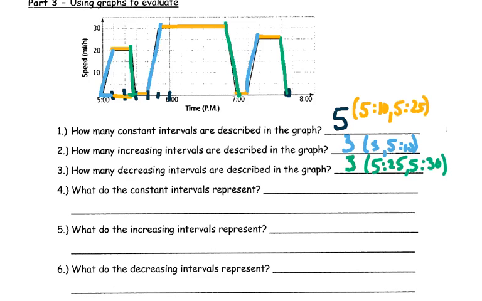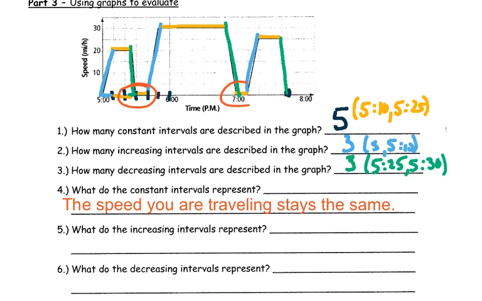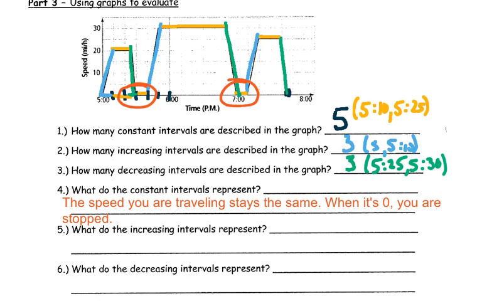So let's write that down. The speed you are traveling stays the same there. But I also want to point out these two right here. You are traveling at the same speed there, but look at what the speed is. It is 0. So that means when the speed is 0, you are stopped. So add that into your notes as well.